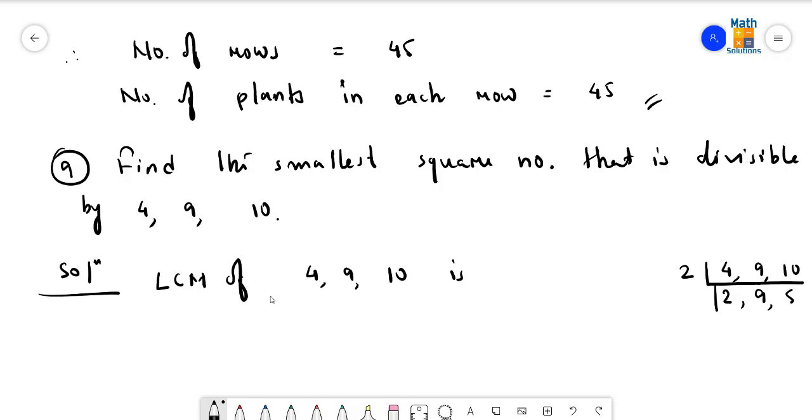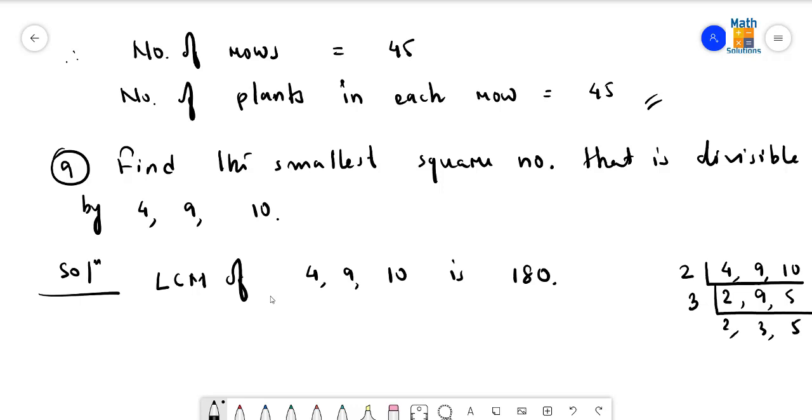I can proceed with 3 if I want. If I do not do this, then also there is no problem. So 3, then 5. So let us calculate. 3 2s are 6, 6 6s are 36, then 36 into 5, we get the result to be 180. So it is 180.